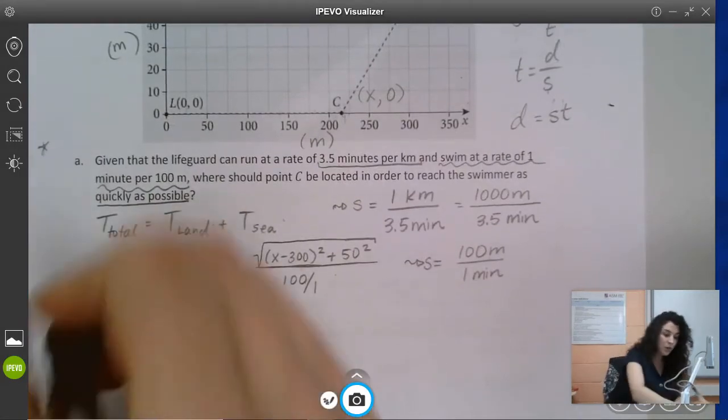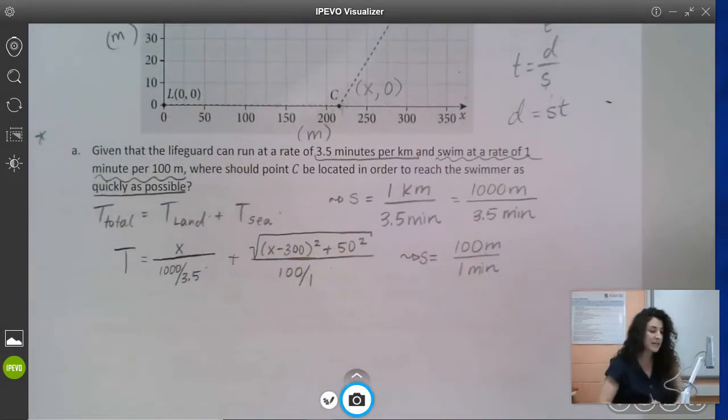Okay, so this is our equation for time. It is a gnarly looking equation, but it's all in one variable. And let's go ahead and take a look at what this guy looks like on your graph. So let's go ahead and start graphing it.